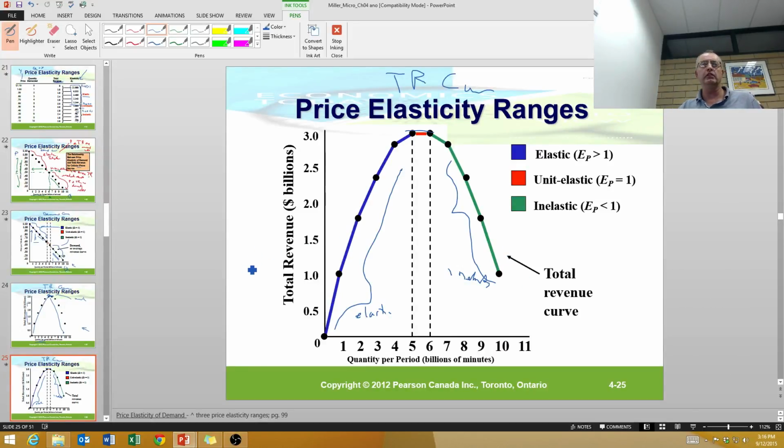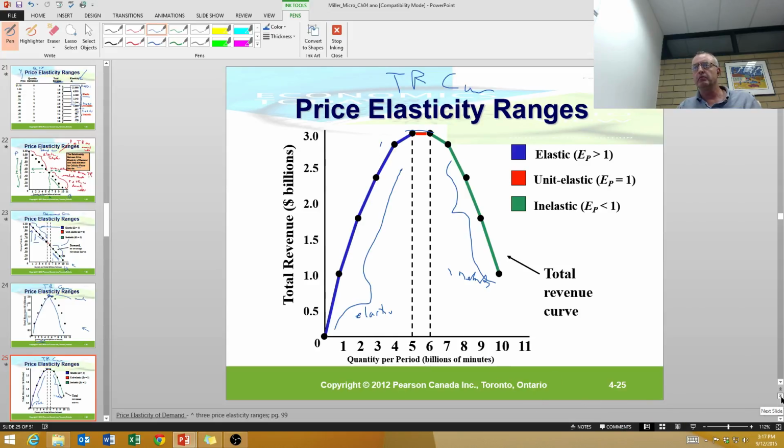We can see indirectly that as price goes up, our quantity declines. And in the elastic section, price and total revenue move inversely. So as price goes up, total revenue declines. It declines up at the top here.